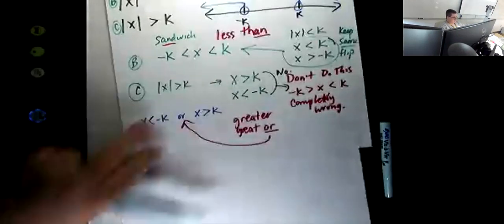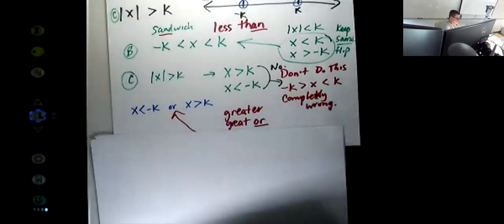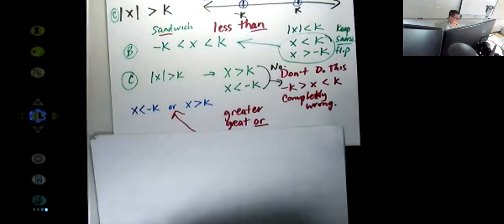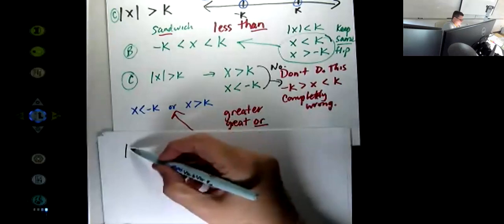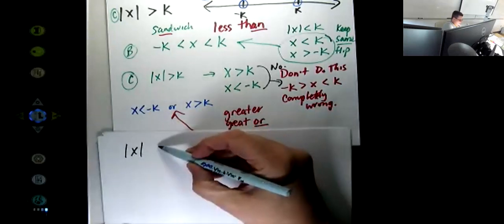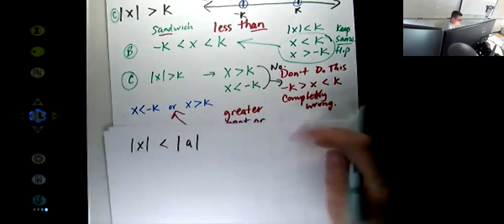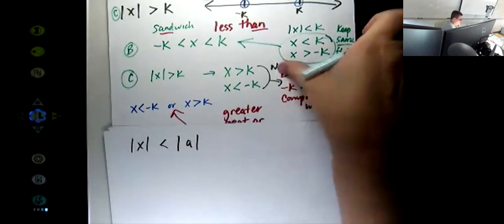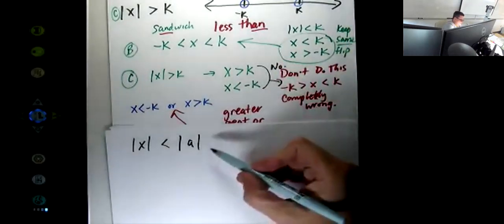I'm gonna add one little bit of caveat to it. If you've got an inequality on both sides, like I have absolute value of x is less than absolute value of a, we're still gonna do it, even though there's two absolute values.